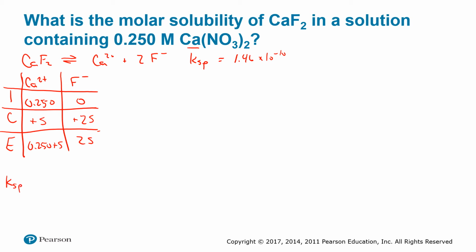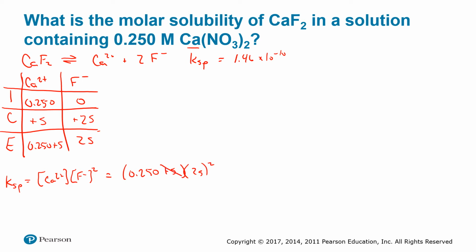So Ksp will be equal to calcium times the fluoride squared, 0.250 plus S times 2S squared.